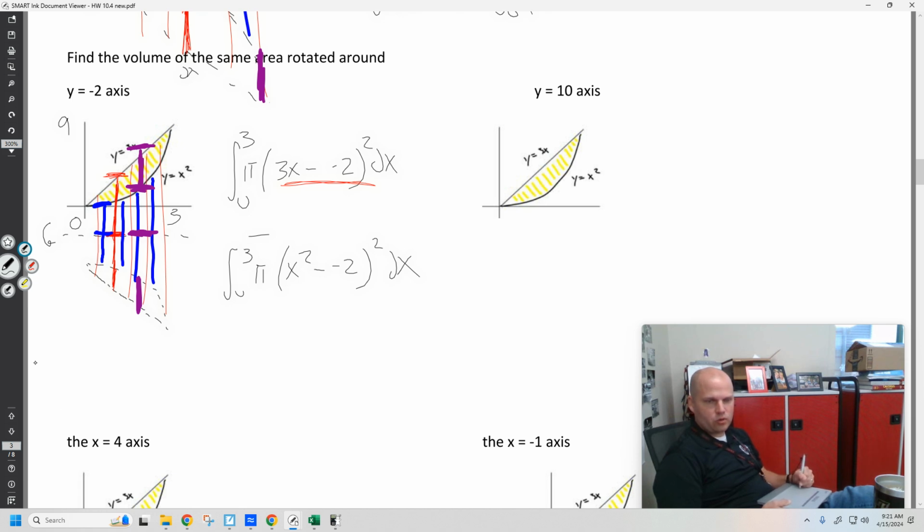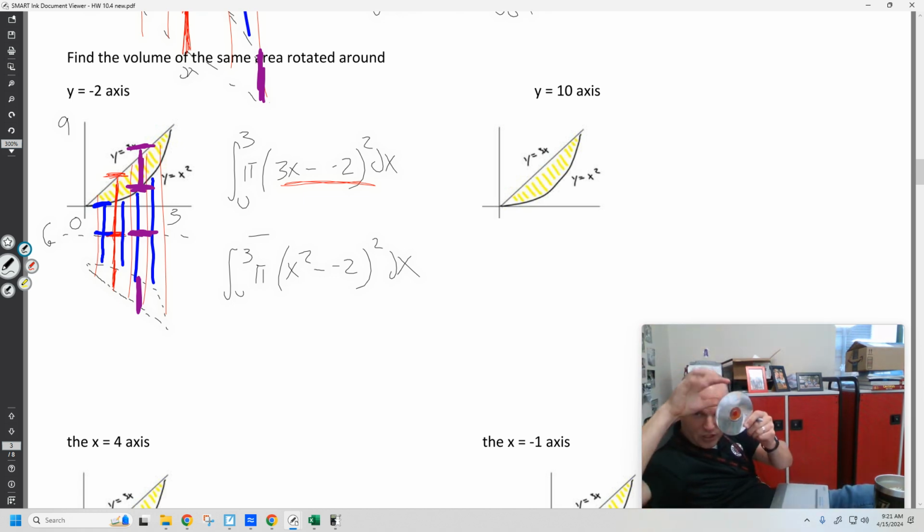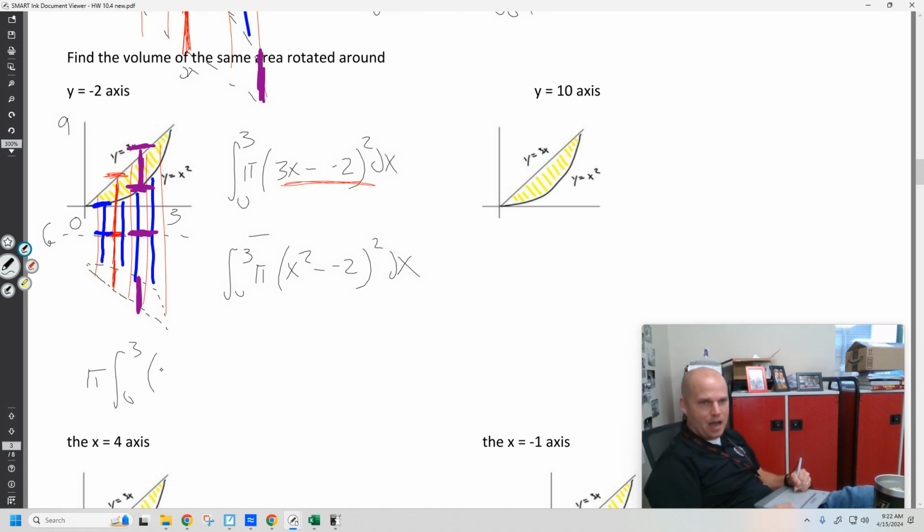The one integral approach, the tire approach, the approach of a rectangle getting spun that will have a hole in the middle, the CD approach, is that you've got to take your outer radius squared and then subtract your inner radius squared. It's not top minus bottom squared. I've got to say that over and over again. It is not top minus bottom squared. It's outer radiuses squared minus inner radiuses squared.